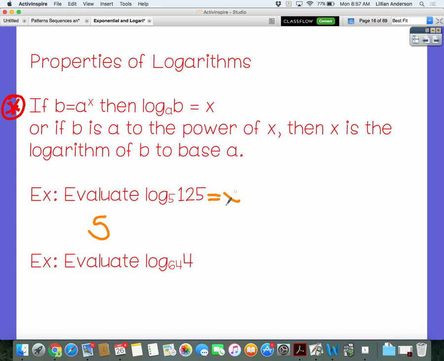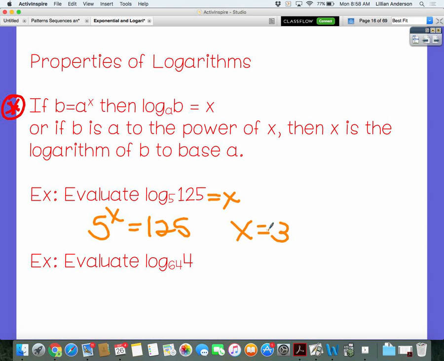Well, since we don't know what this equals, that's what we're trying to figure out, we'll just set it equal to x. That's going to be our exponent, and then this part goes here. You see how it matches up to the formula? And we all know our powers, right? It was x equals 3. So then log base 5 of 125 is equal to 3.